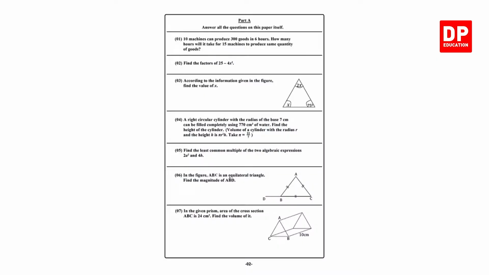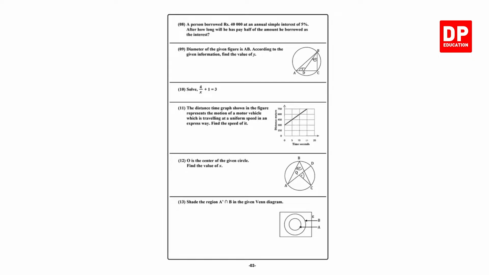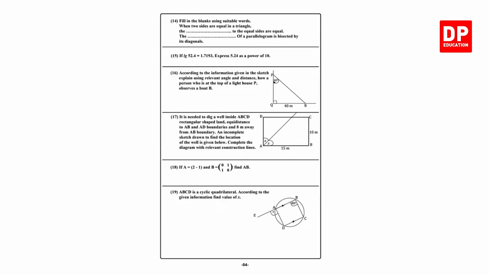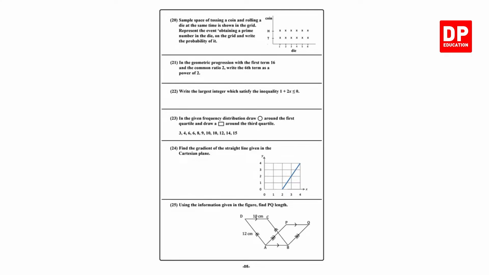So in part A you get 25 questions. In the first page you get 1 to 7. Page number 2, questions 8 to 13. Page number 3, questions 14 to 19. And then last page, questions 20 to 25.